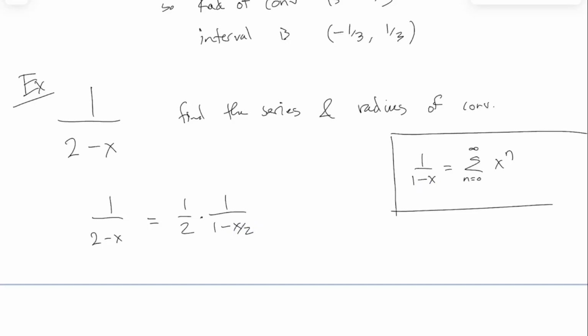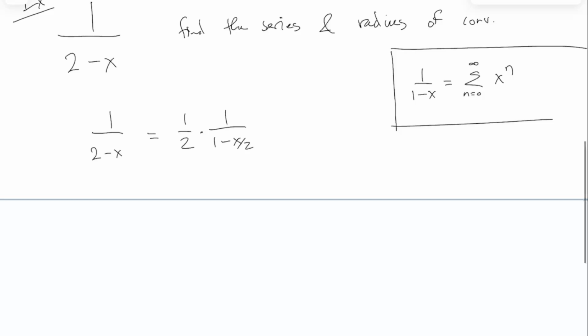That's the trick. All right, so now we plug that in, and I get 1/2 times the sum, n equals 0 to infinity. And then instead of x to the n, I'm plugging in x over 2. So it now says x over 2 to the n.